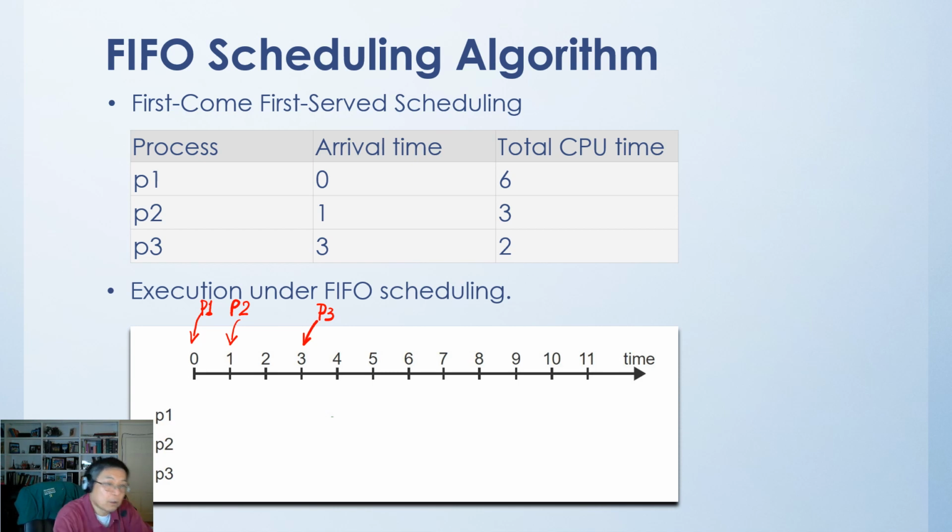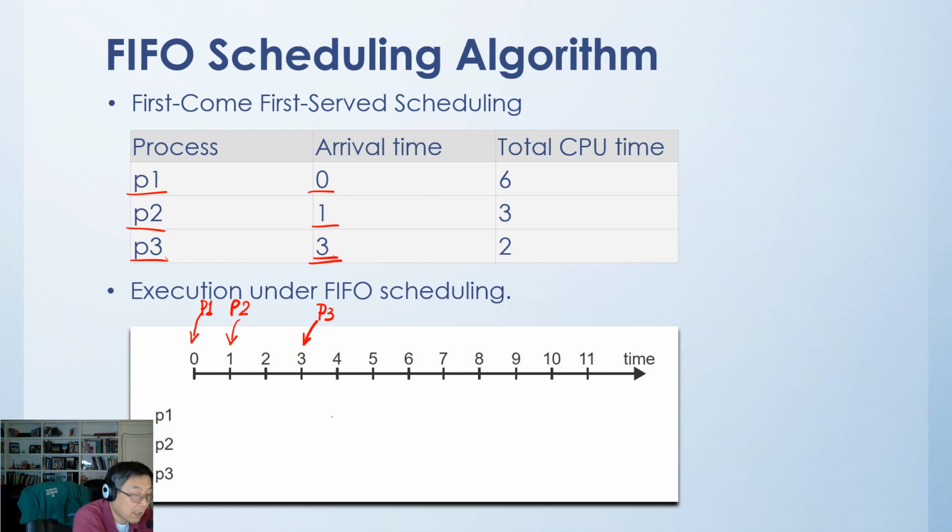Now, let's take a look at an example for FIFO. Suppose we have three processes, P1, P2, and P3. Each process has its arrival time. Process 1 arrives at time 0, process 2 arrives at time 1, and process 3 arrives at time 3.